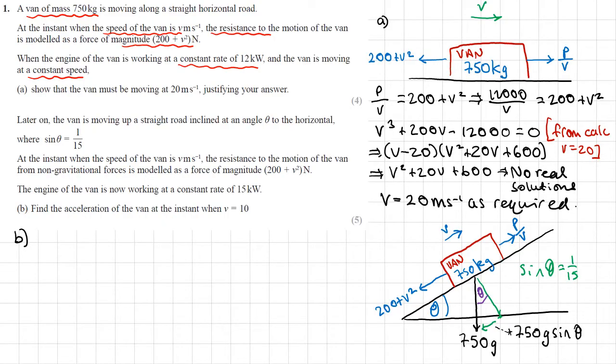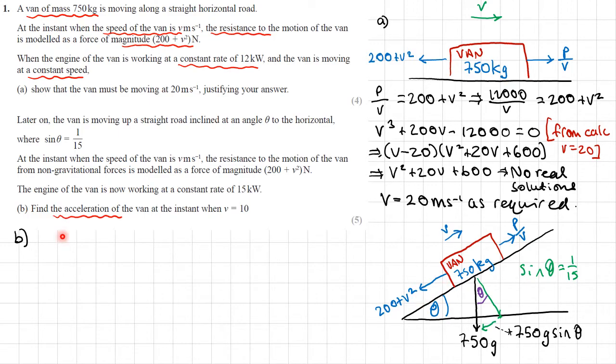Now I don't need to use a triangle for this because the only component that I need of the weight is going to be this bit, which is the gravitational resistance to motion, the 750 g sine theta. So I don't need this component because I don't need a normal reaction, and normally I'd use a normal reaction when I've got a frictional force given as mu R.